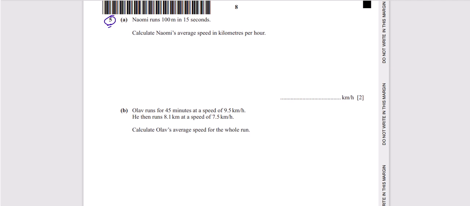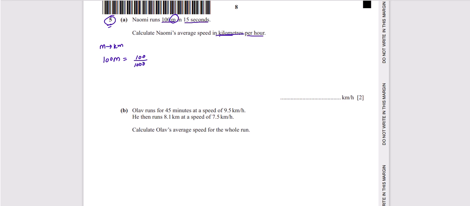Question number 5. Nomi runs 100 meter in 15 seconds. Calculate Nomi's average speed in kilometer per hour. First of all, we convert meter into kilometer. 100 meter is equal to 100 divided with 1000.